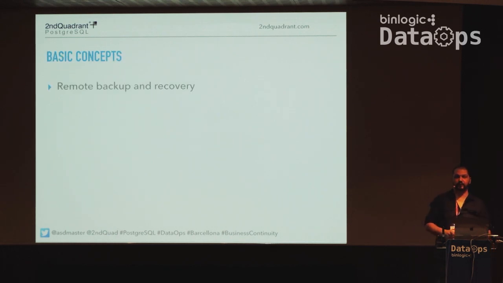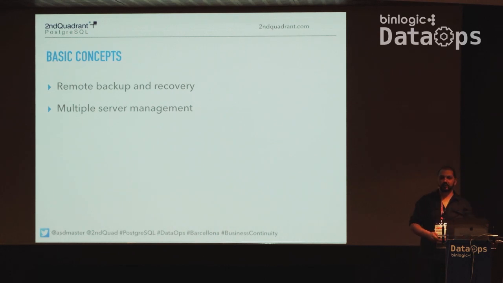We can do that remotely, so Barman must reside on a different server, because as I said before, if you save your backups on your Postgres server and you lose the server, you lose the backups. So Barman can operate remotely for both copying the backups and restoring them. You can execute a backup from a master and recover it on an external server. You don't have to recover locally on the Barman server.